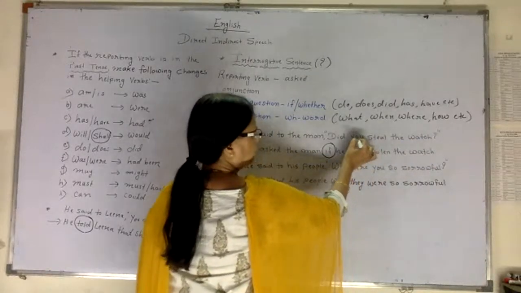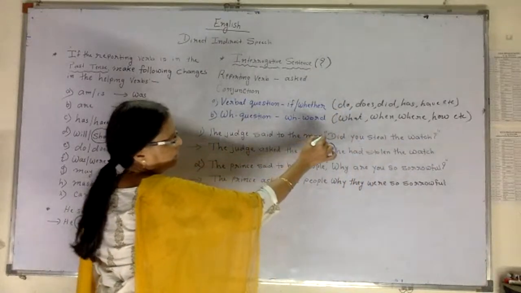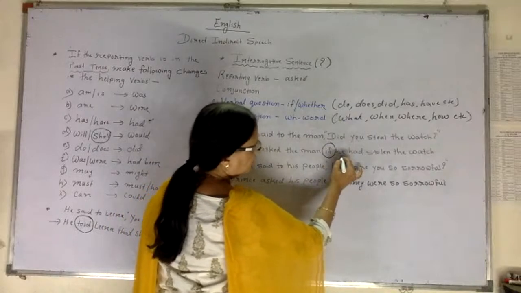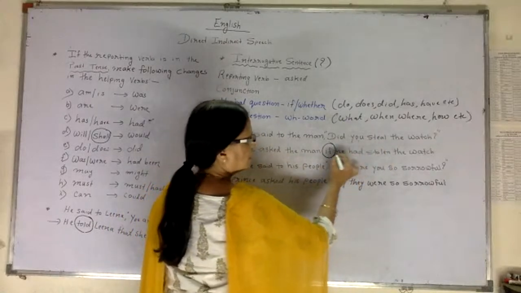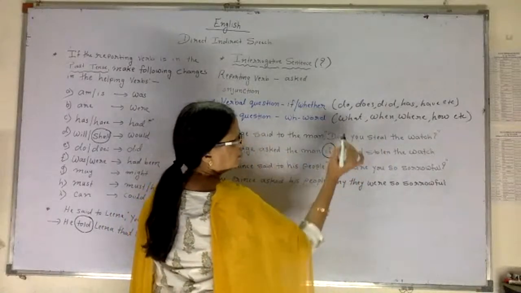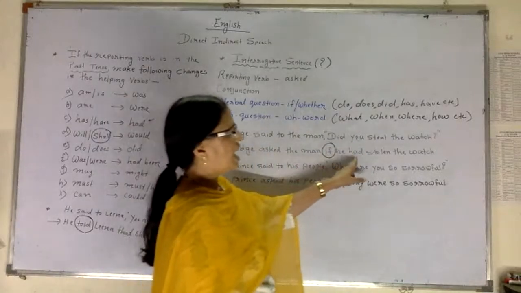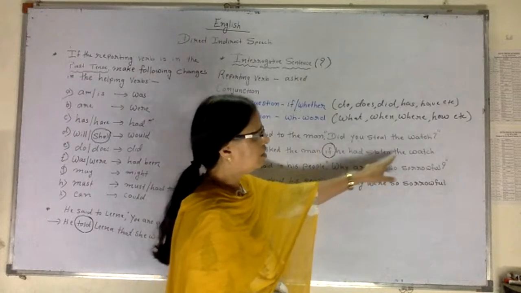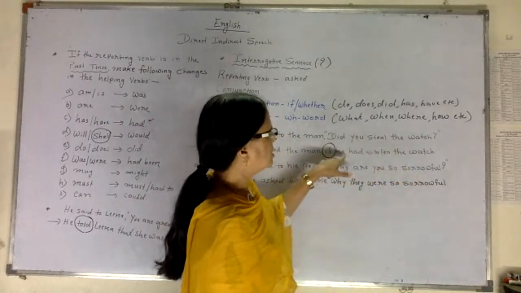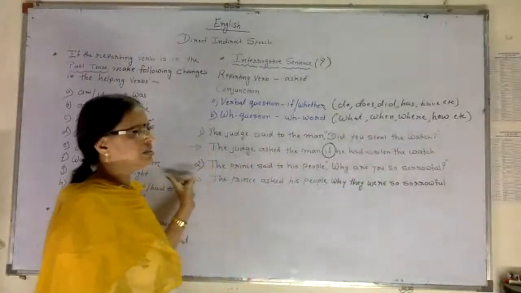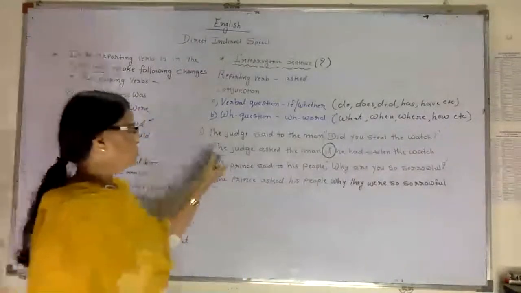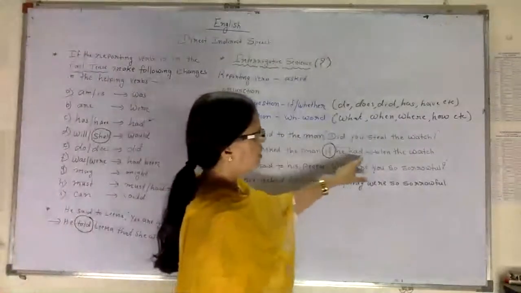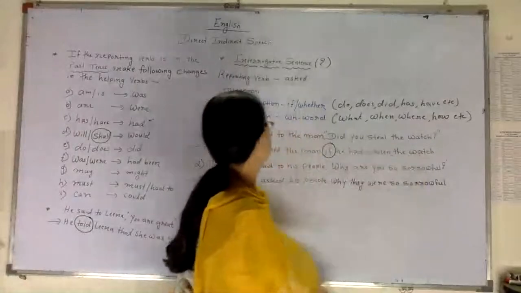You is related to the man, so it will be changed to the pronoun he. See here, did you steal? It is past tense, and therefore it is had stolen. If he had stolen the watch. Okay, these changes will go according to the changes in the tenses. So the judge asked the man if he had stolen the watch.